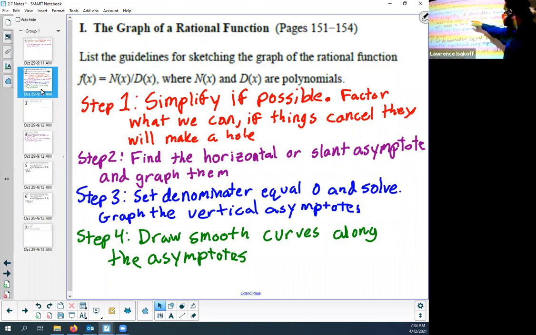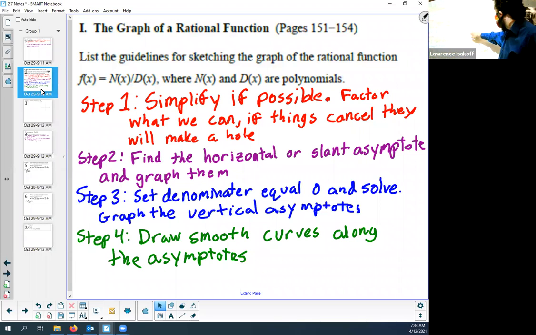Factor what we can. If things cancel, they make a hole. Remember when we had 2 things that canceled out, that ended up giving us a hole in the graph versus having an asymptote at that spot.